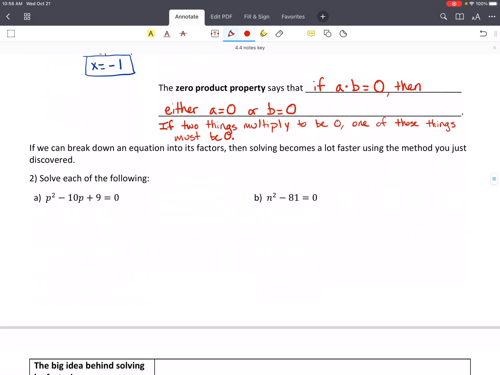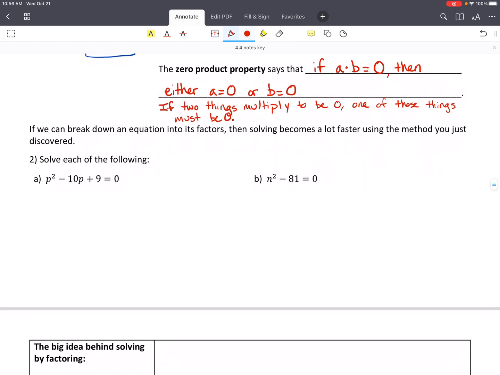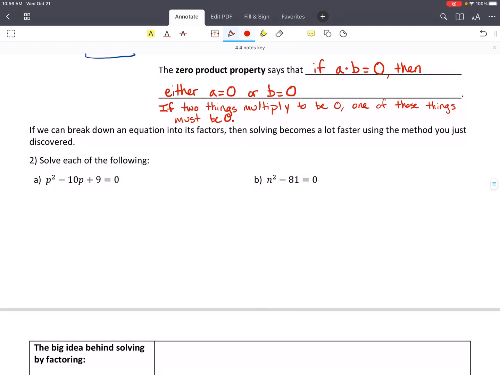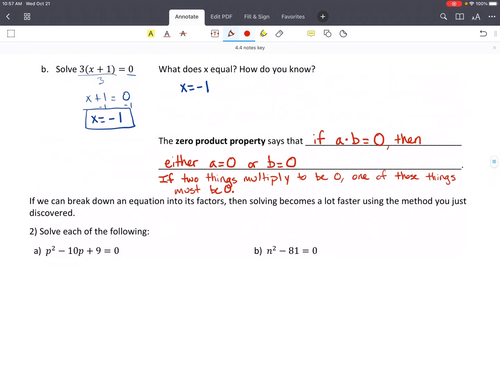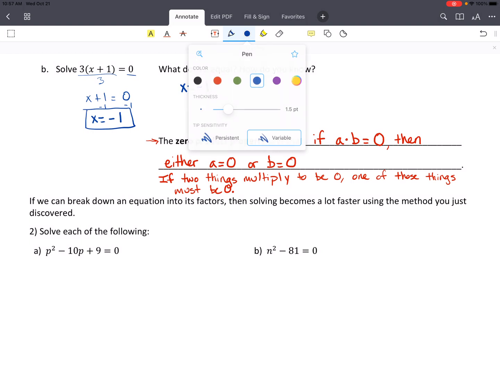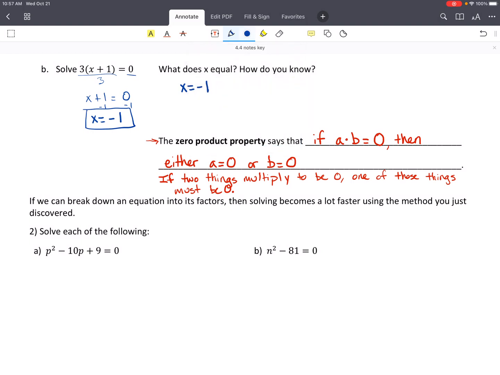why does this apply to factoring? Well, here's what I want you to see. Even just with example B here, I have 3 times (x plus 1) equals 0. That's an application of the zero product property. Two things multiply to get 0, so I know one of those had to be 0. And we knew it couldn't be 3 because 3 is not 0.